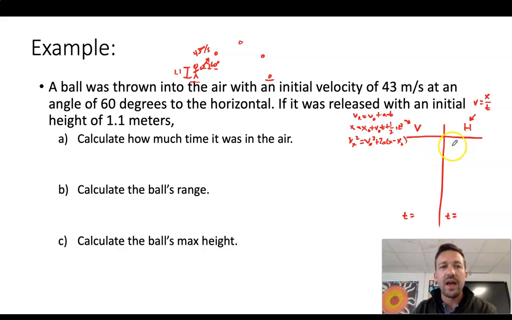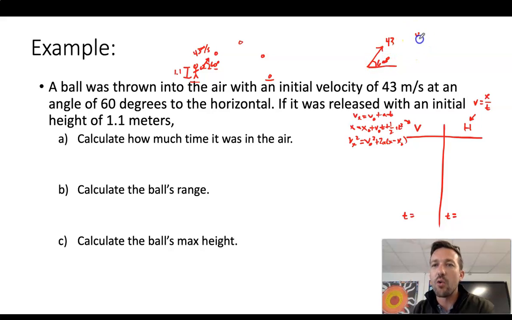Horizontally, I know the velocity is like 43 meters per second, but it's at a 60-degree angle. So what's my horizontal velocity? Well, that's why we did the components, right? So you got this vector of 43 meters per second, and you have it at an angle of 60.